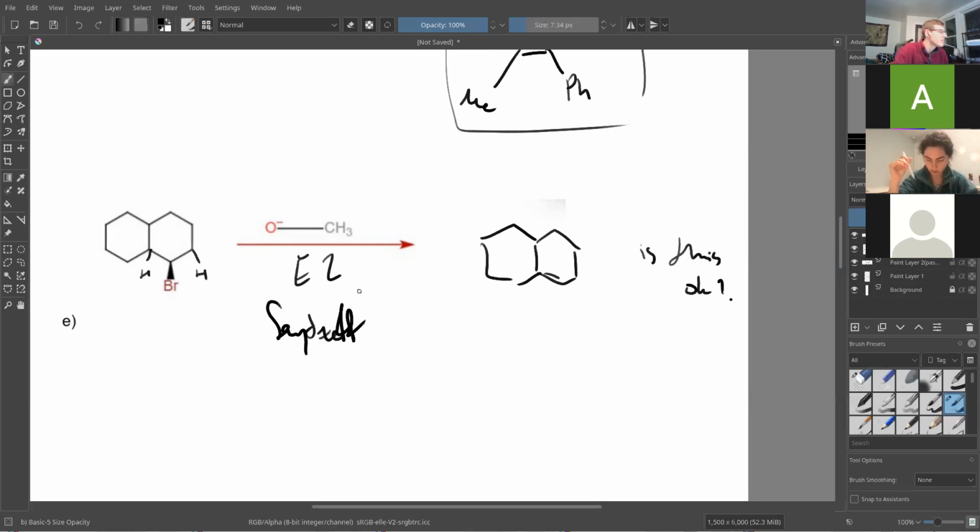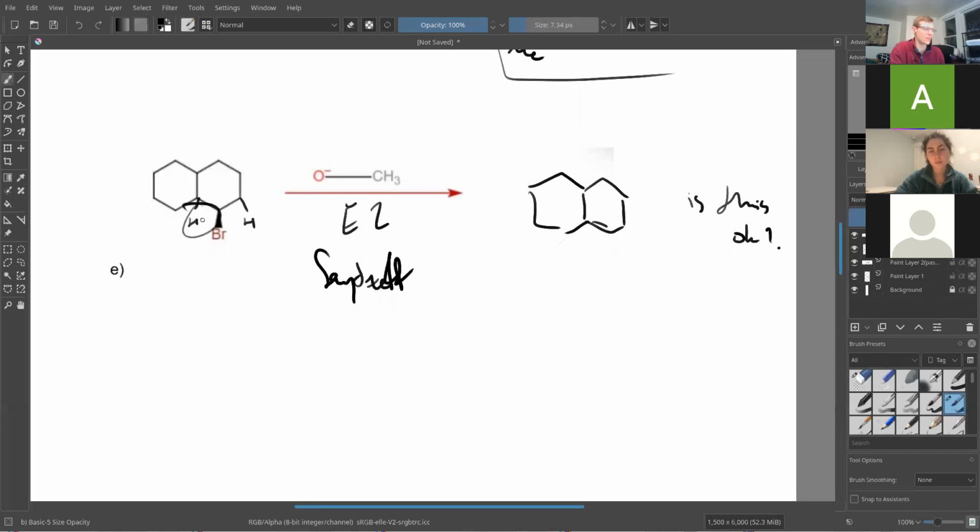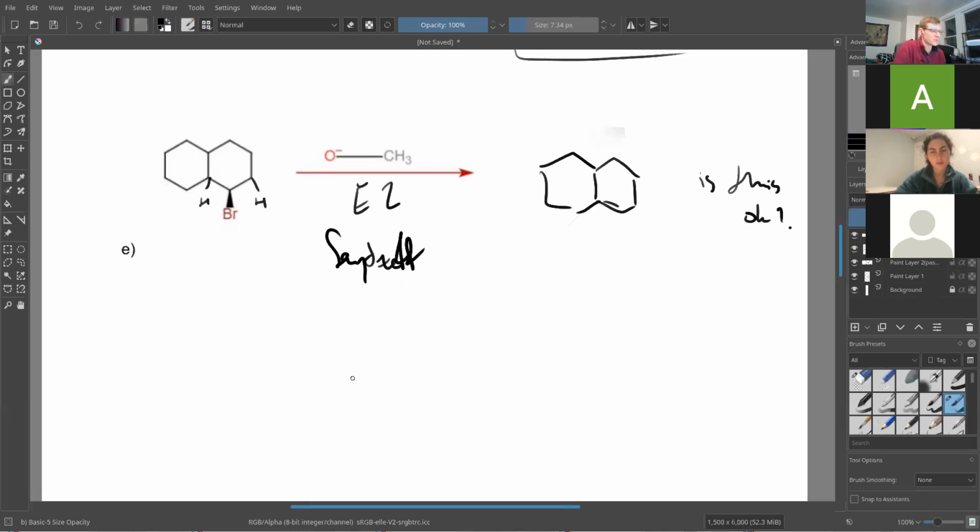Oh, yeah. So I actually think this problem's a little bit tricky. I've looked at the answer before, and they actually have the double bond over here, which I don't know. I think it depends on where this hydrogen is, actually. It's one of these really standard problems, which is just to say, if you have one of these bridge systems, what does it look like?